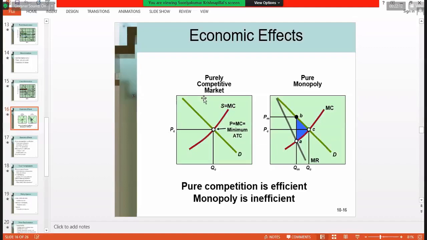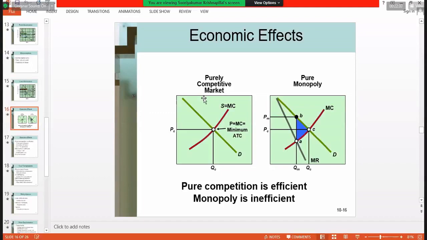In the pure competitive market, we achieve allocative efficiency and productive efficiency. Pure competitive market is an efficient market.